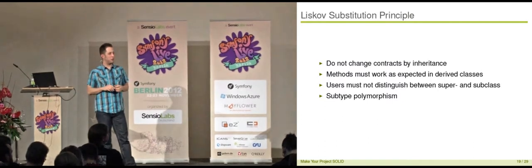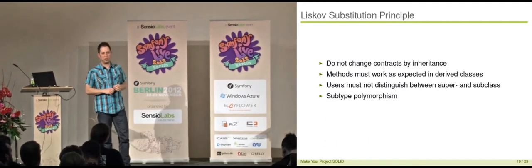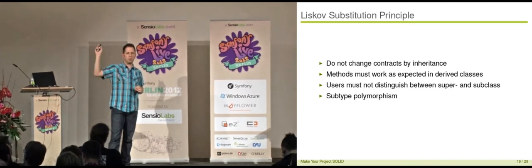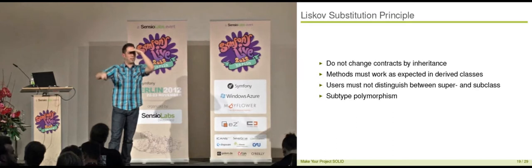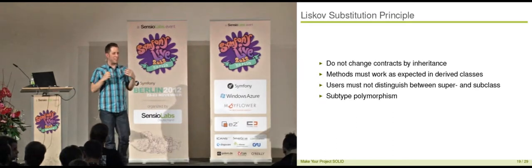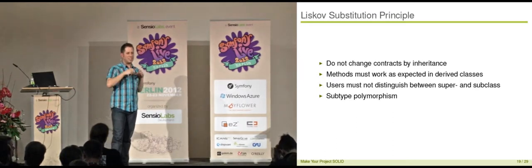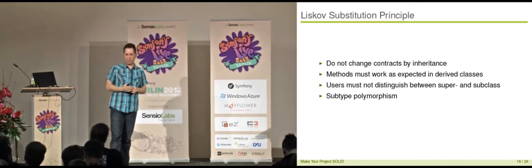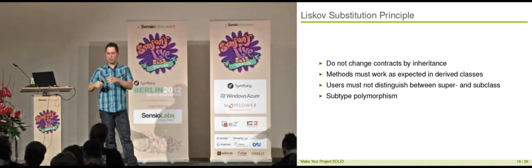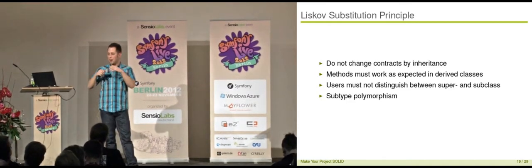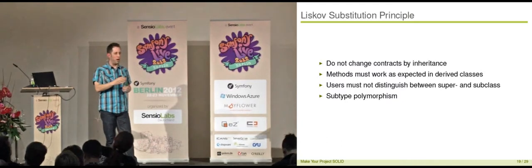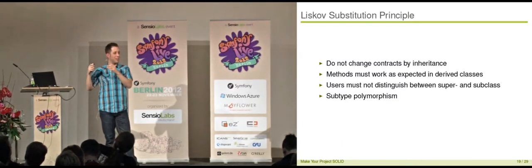Another term for this Liskov substitution principle is subtype polymorphism. Anybody ever heard of subtype polymorphism? Maybe you raise your hand if I can see it. Oh, not really. So if you think about classes in the PHP world as types as we know them from C or something similar, like a new type definition, then if you receive a value of a certain type, you expect that type to fulfill everything that the base type has. Like if you have a struct, then you expect that all variables in that struct still exist in an extended struct.